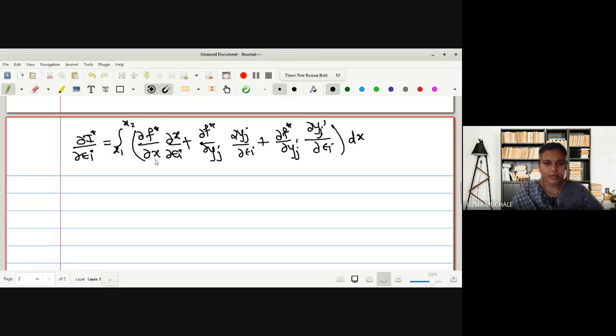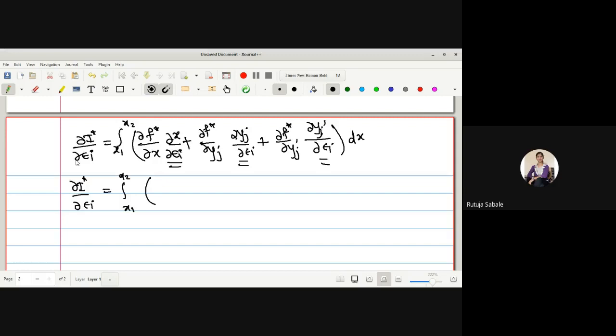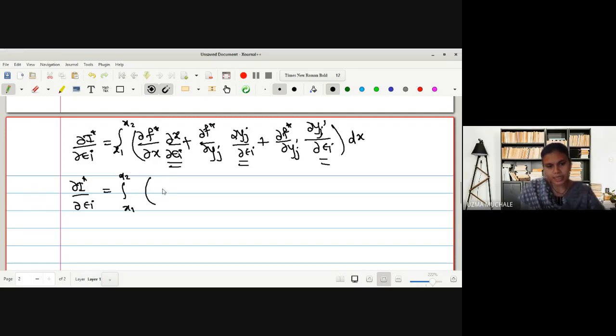What is the next step now? We have to find the values of these terms. Because we don't know what F star is, since F star is nothing but f plus lambda g, and as we don't know what f and g are, we cannot find the values of these terms. Now, can anyone please tell me the values of the underlined terms? The first term is 0, because x is an independent variable.